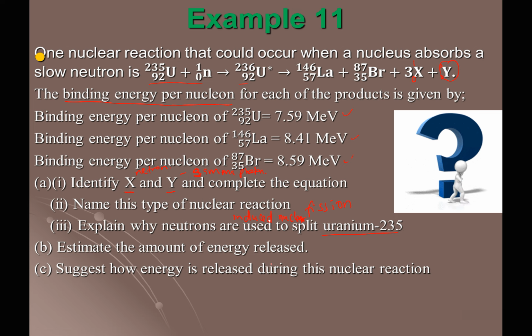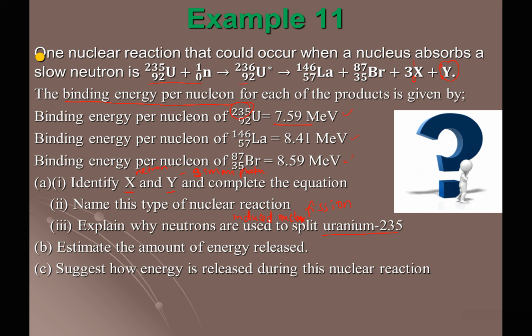Then estimate the amount of energy released. To find the energy released, we must first find the binding energies. To find binding energies, we shall multiply the binding energy per nucleon by the nucleon number. For example, this one, the nucleon number is 235.